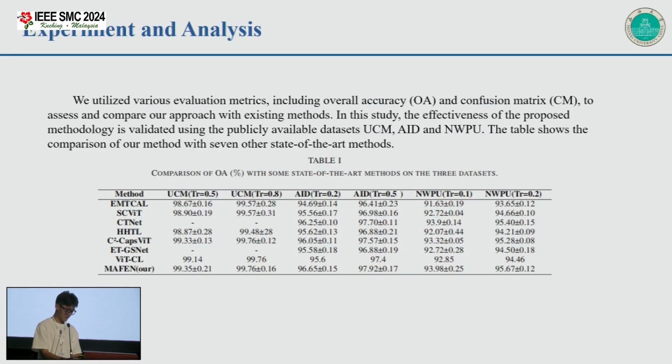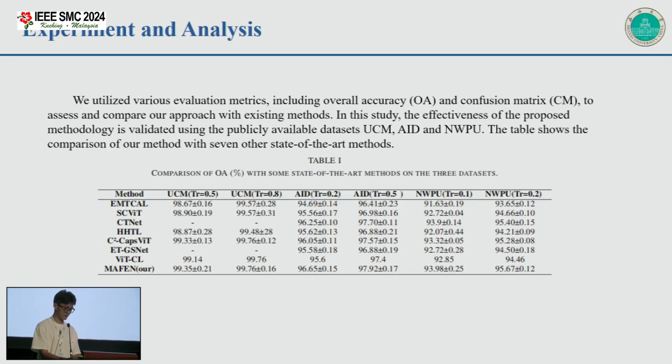We used various evaluation metrics, including overall accuracy and confusion matrix, to assess and compare our approach with existing methods. In this study, the effectiveness of the proposed methodology is validated using the publicly available datasets.